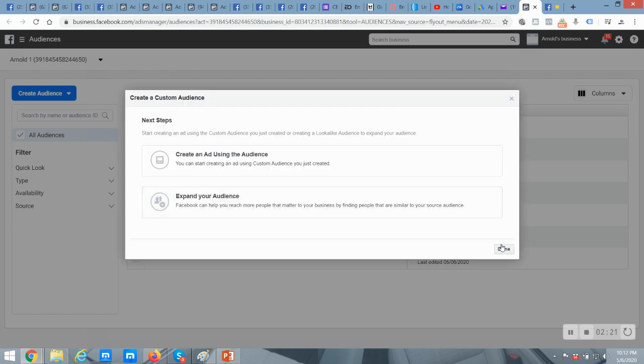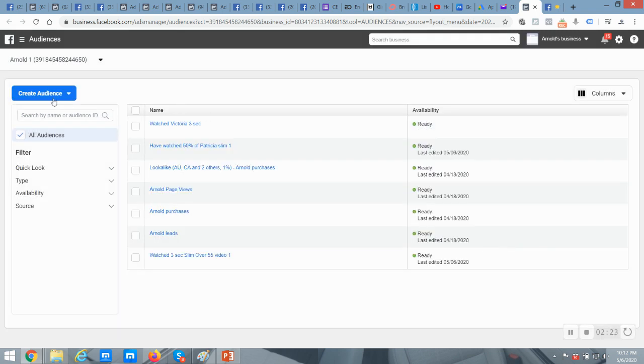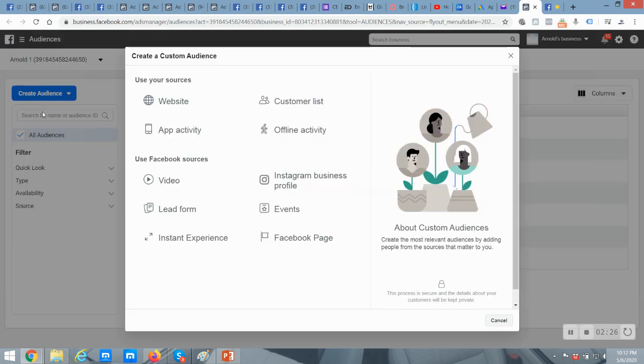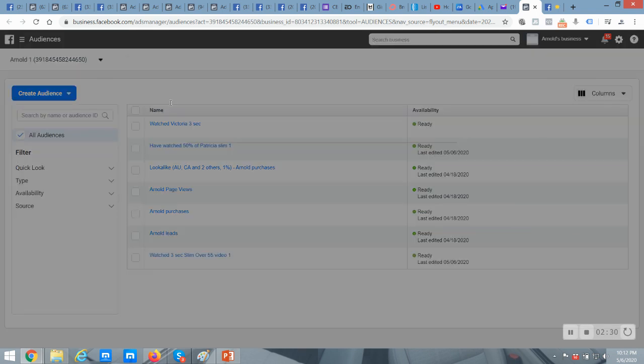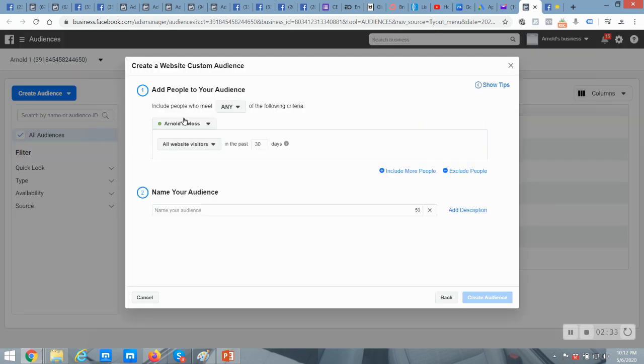Okay. Now the good thing is that you can actually create audiences on so many other things. Go to custom audience and I go to website. Okay, and this is the pixel that I'm going to be using. This is the pixel for this particular business manager.